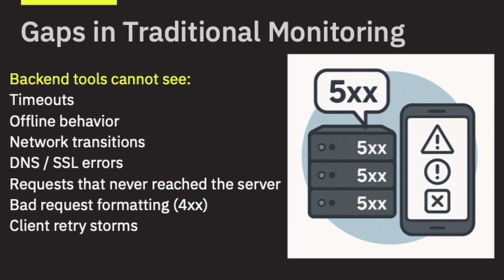Backend-only tools miss timeouts, connection issues, offline scenarios, DNS failures, SSL errors, mobile-specific retries, bad request formatting, network transitions. This sandbox example shows all of these gaps in one place, and Embrace brings them all together.